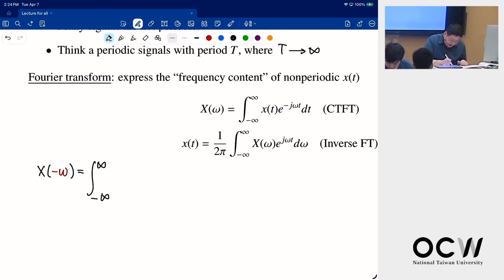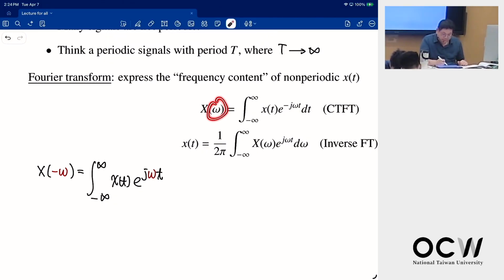So here we have x, e to the j omega t, dt, because omega becomes minus omega.